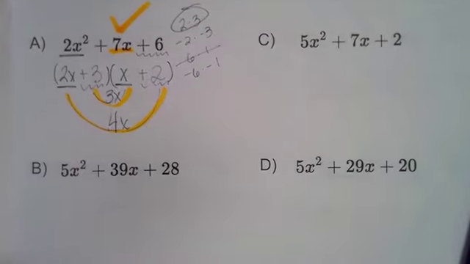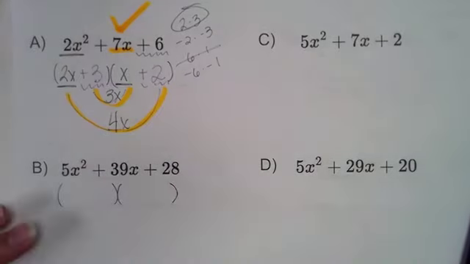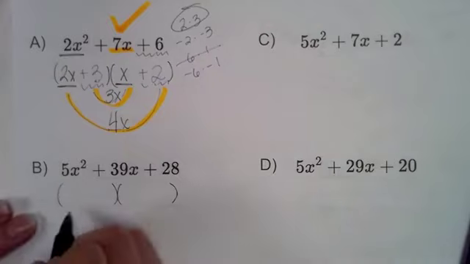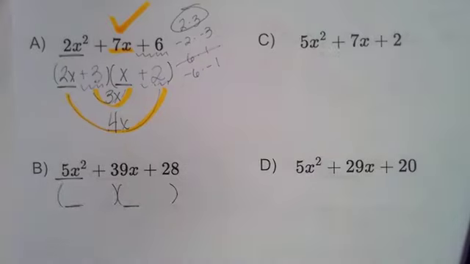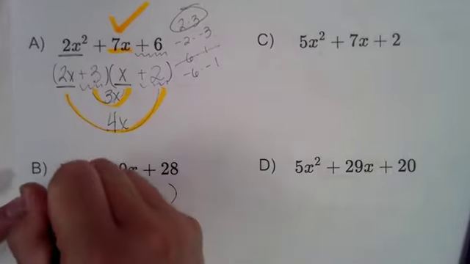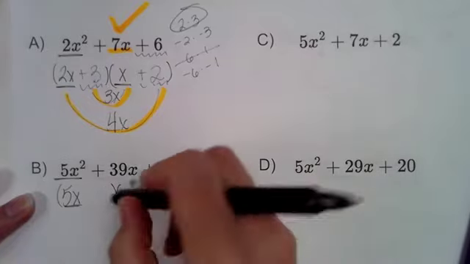Let's look at B. We've got 5x squared plus 39x plus 28. We're going to double bubble. What times what is 5x squared? 5x times x would be 5x squared.